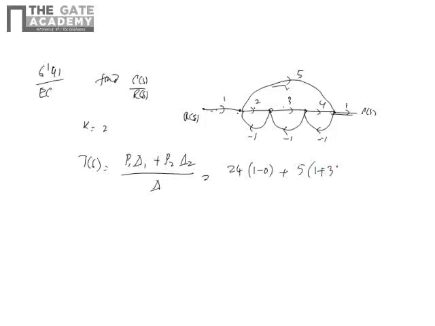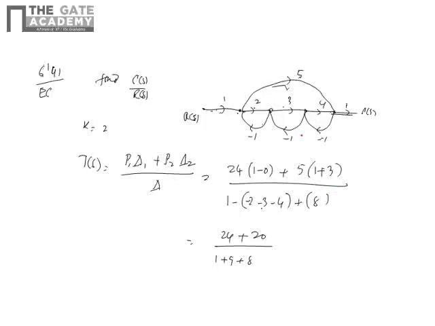So 1 plus 3, divided by, what are the individual loops? 1 minus 2 minus 3 minus 4, and then 2 non-touching loops, 8. So this is minus 2 into minus 4, so 8 you will get. So this will be 24 plus 20 divided by 1 plus 9 plus 8, 18.